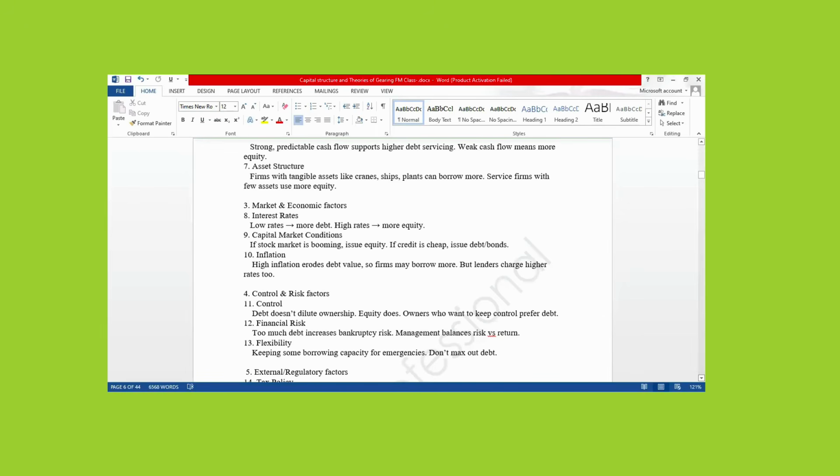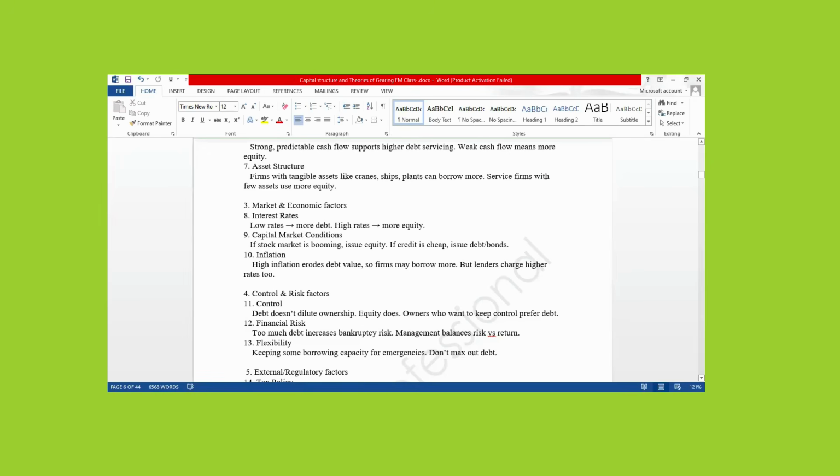Number 9 reason, capital market conditions. What is capital market? A market for long-term loan. Assuming you are asked to differentiate between money market and capital market, it's assumed that you have that knowledge.